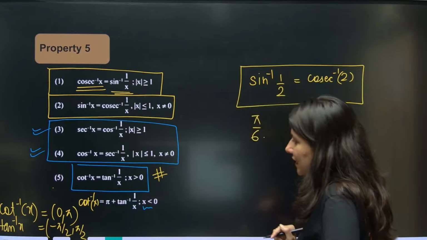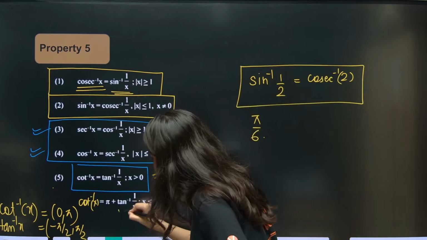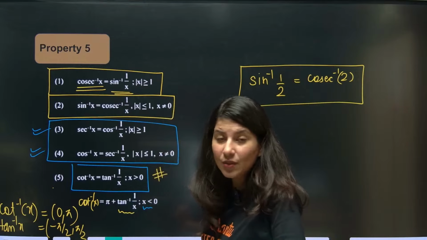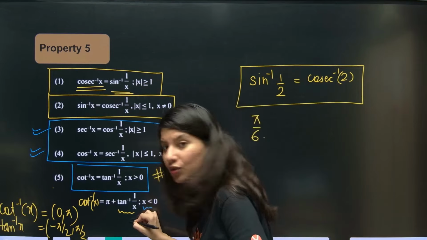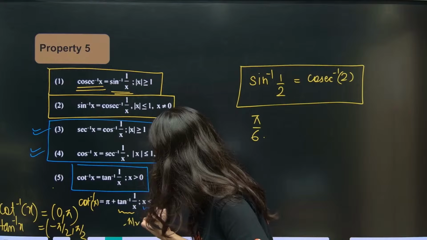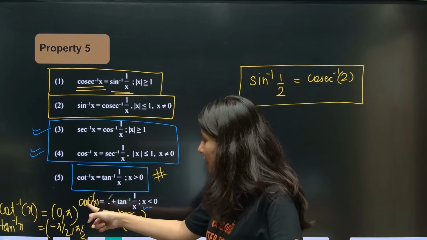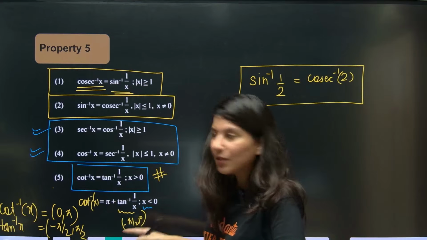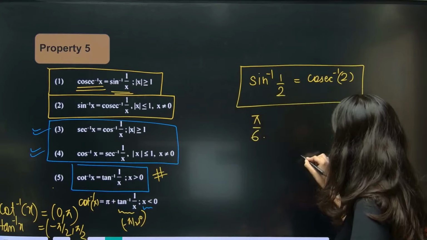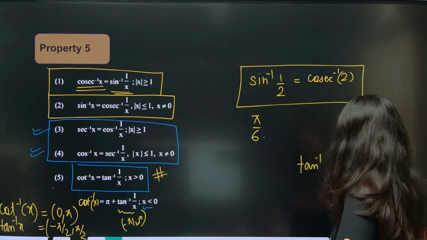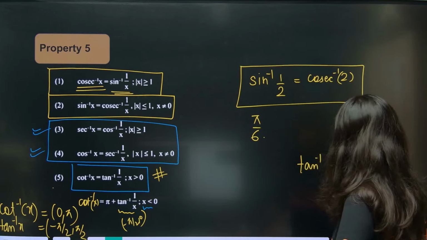Understand. Here, because x is negative, tan inverse 1 by x will lie in the fourth quadrant, so minus pi by 2 to 0. Now you want to push this value, and this is cot inverse x. These two values will become equal. Let me tell you, let's suppose tan inverse of 1 by minus root 3.